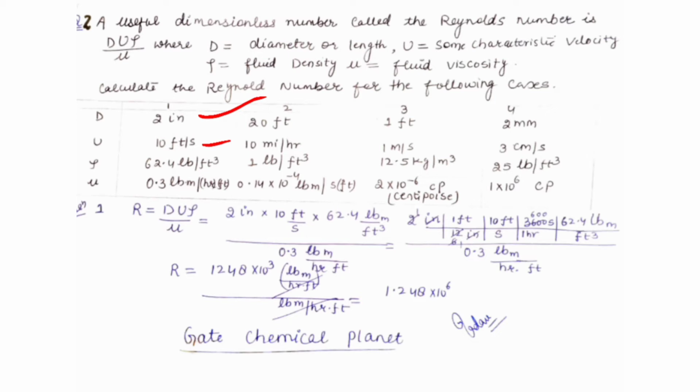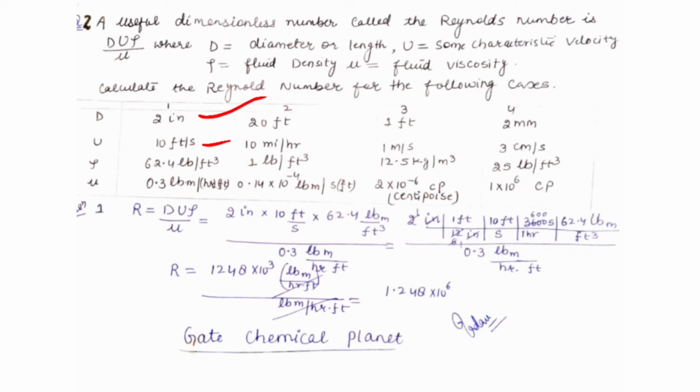As we all know, there is no unit for the Reynolds number as it is a dimensionless number. So if we cancel out units in the numerator and denominator, then we will get the pure value of the Reynolds number.